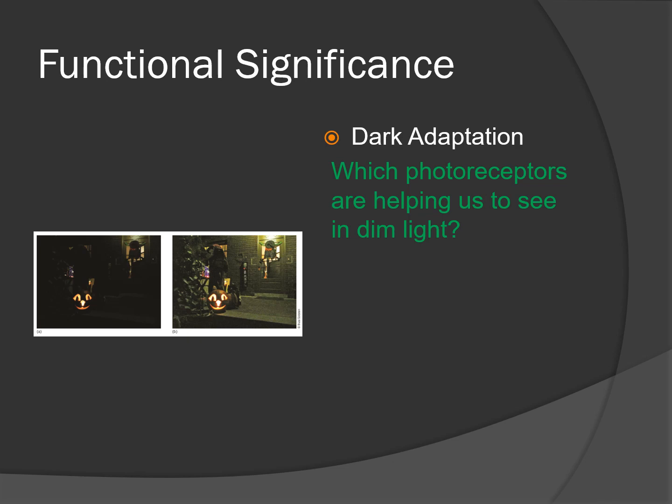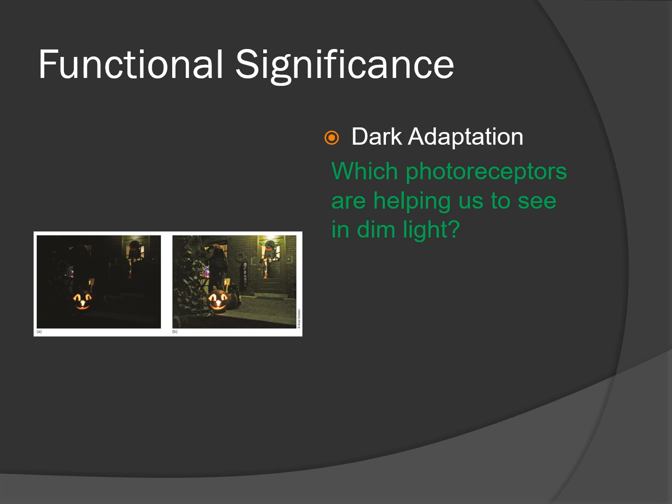If you remember, sensitivity to dim light, we're given that because of the rods, right? They have 120 to 1 kind of convergence, and it's because of that convergence that allows me to see in dim light. But we also just saw, right, that they take 30 minutes to regenerate.